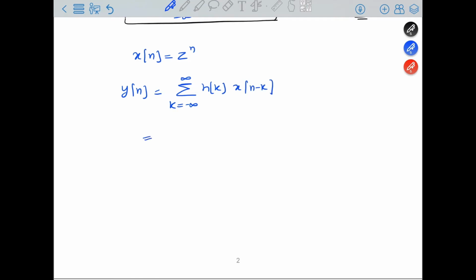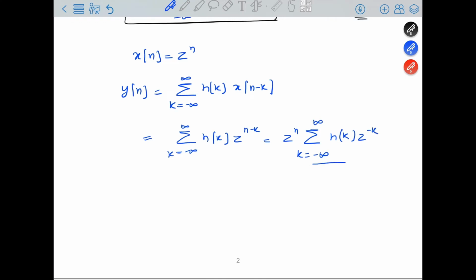Now again we replace x of n with z raised to the power n. We get summation k equals minus infinity to infinity h of k z raised to the power n minus k, and again z raised to the power n is a constant for this summation, so it will be put outside of this summation, and we can write it as z raised to the power n multiplied with the summation of k varying from minus infinity to infinity h of k z raised to the power minus k.